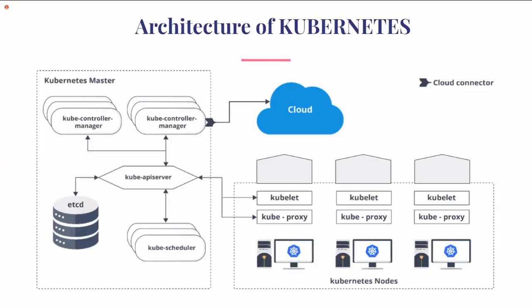We will look into each of those components now. We'll start with the scheduler. The scheduler identifies the right node to place a container on, based on the container's resource requirements, the worker node's capacity, or any other policies and constraints such as taints and tolerations or node affinity rules that are on them.